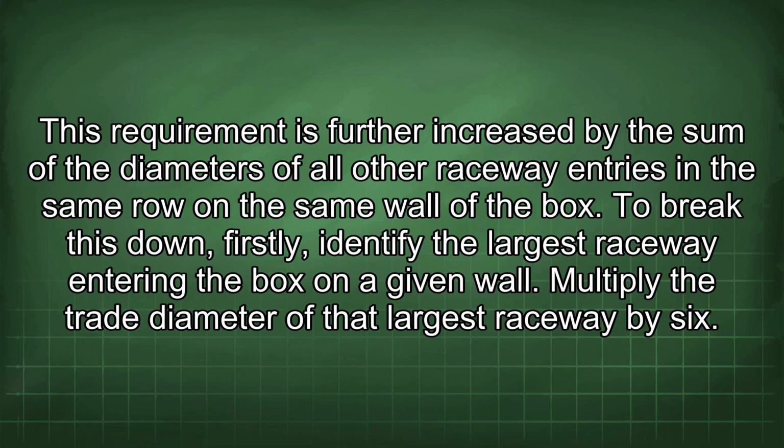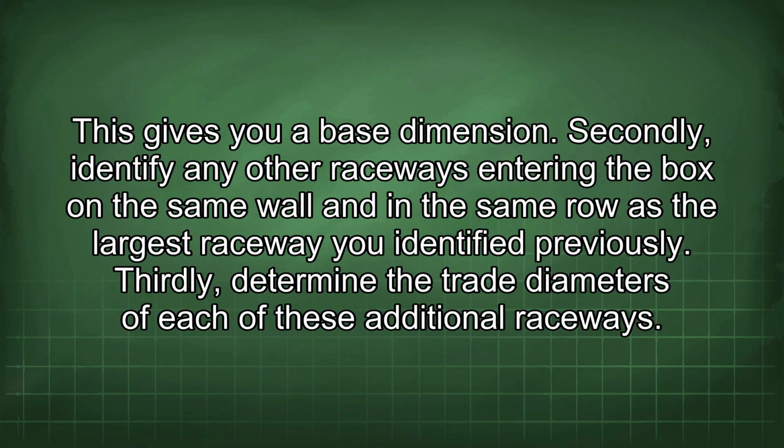To break this down, firstly, identify the largest raceway entering the box on a given wall. Multiply the trade diameter of that largest raceway by 6. This gives you a base dimension. Secondly, identify any other raceways entering the box on the same wall and in the same row as the largest raceway you identified previously.